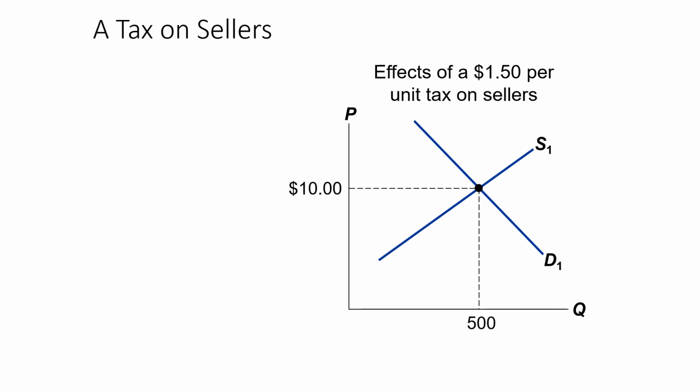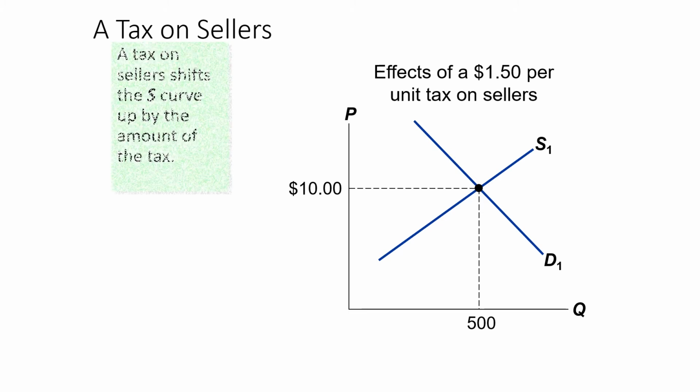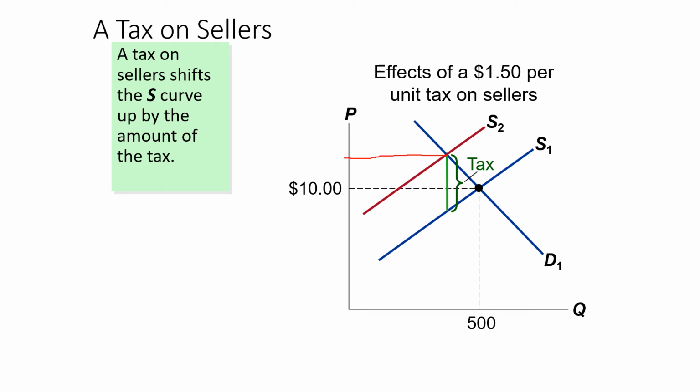So in this case, if you look at the graph, S1 will shift to S2. And now the new supply curve is the red line. And this is the price that the consumers will pay, right?